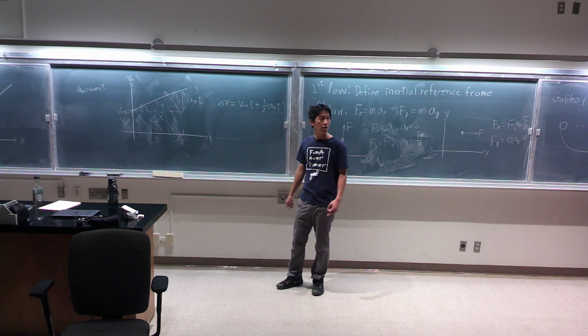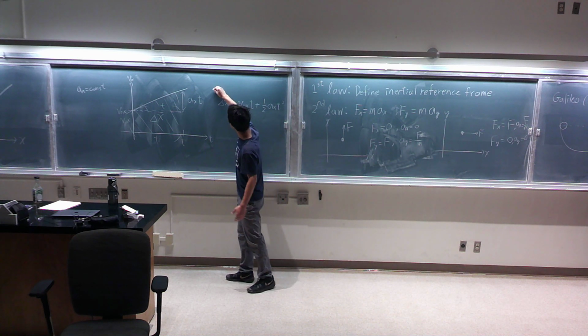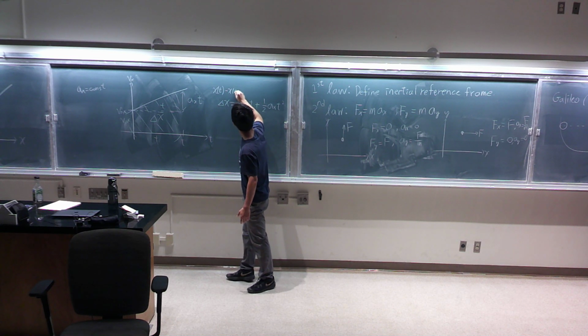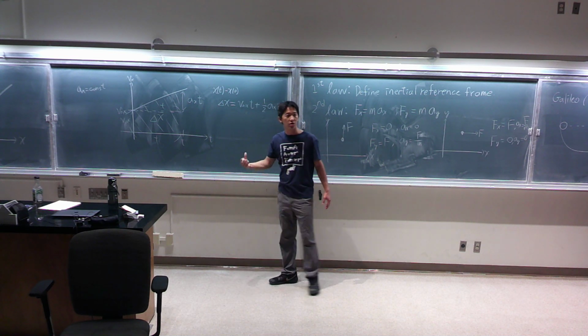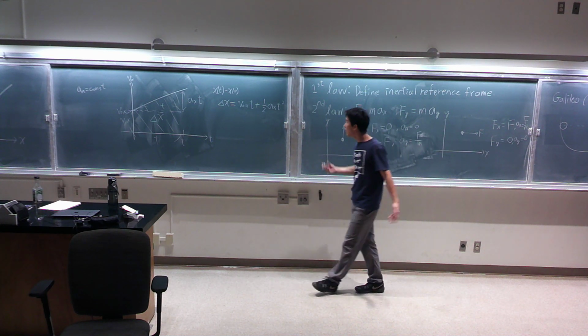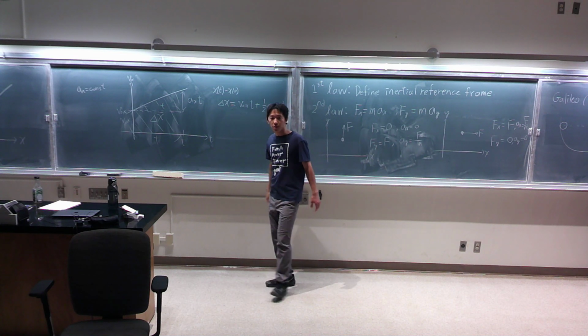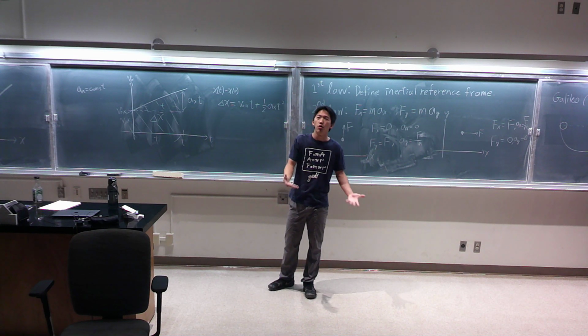If you want to figure out the position, again, F equals ma doesn't tell you how. It doesn't tell you where the particle is going to start moving, because that's not about physics. You know where the particle starts moving depending on your frame you're working in.